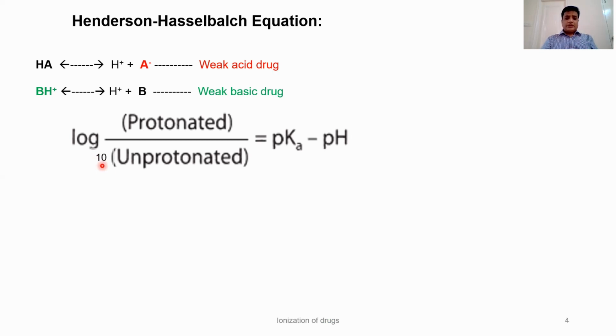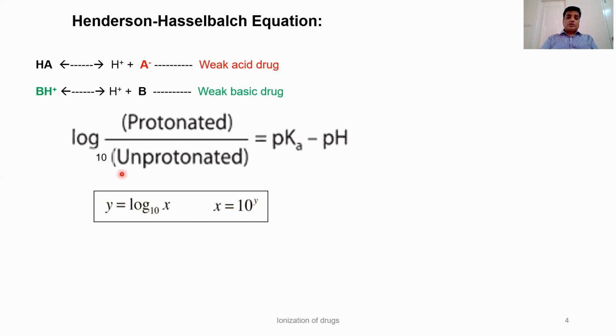When we are not comfortable with doing calculations with logarithm, I want to take out the log. Look at this. Log to the base 10 of x is similar to log to the base 10 of protonated over unprotonated, and pKa minus pH is similar to y here. So I'm taking out log now. When I take out log, it becomes x.